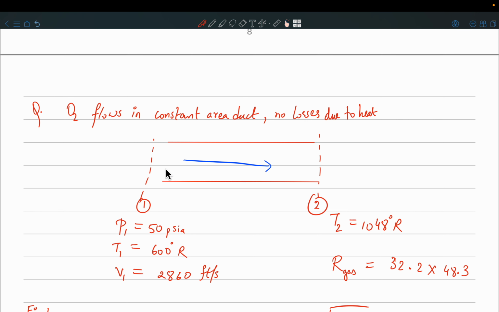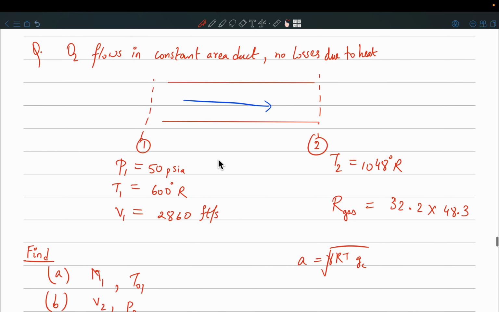If I was assuming an isentropic flow, then the stagnation quantities at 1 will be the same as stagnation quantities at 2, right? But that is not happening, which means the flow has not remained isentropic. So what you are doing, you are going into station 1, taking the static flow and isentropically converting it to stagnation.